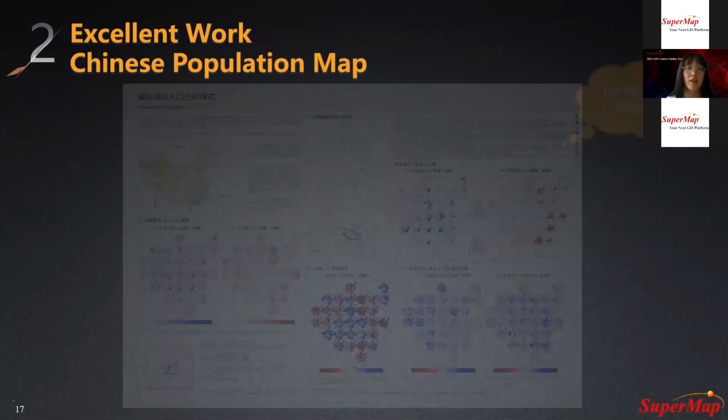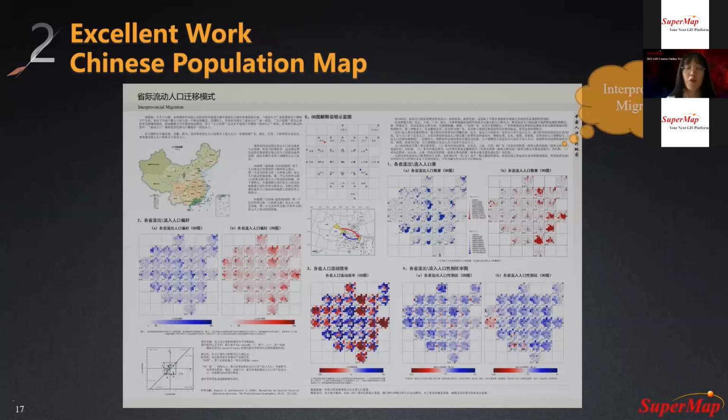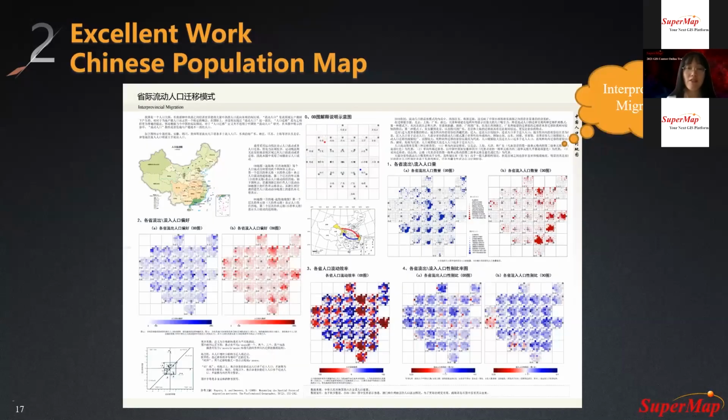And the last one is the intra-provincial migration of China. This one looks much more complicated than the others because they also use origin-destination analysis for the population migration for each province in China.